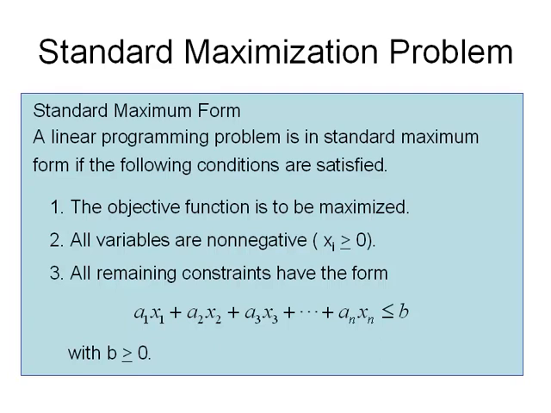And third, all the remaining constraints have the form a sub 1 times x sub 1 plus a sub 2 times x sub 2 plus a sub 3 times x sub 3 up to a sub n times x sub n is less than or equal to b, where b is greater than or equal to 0.